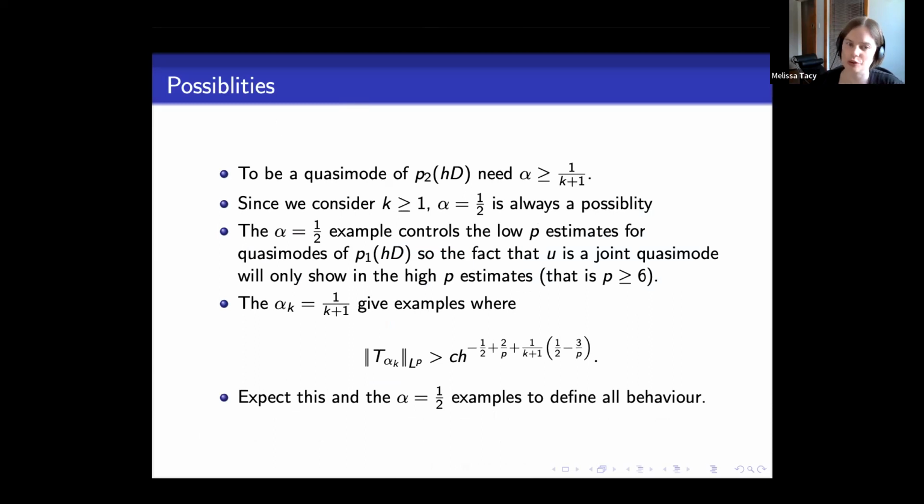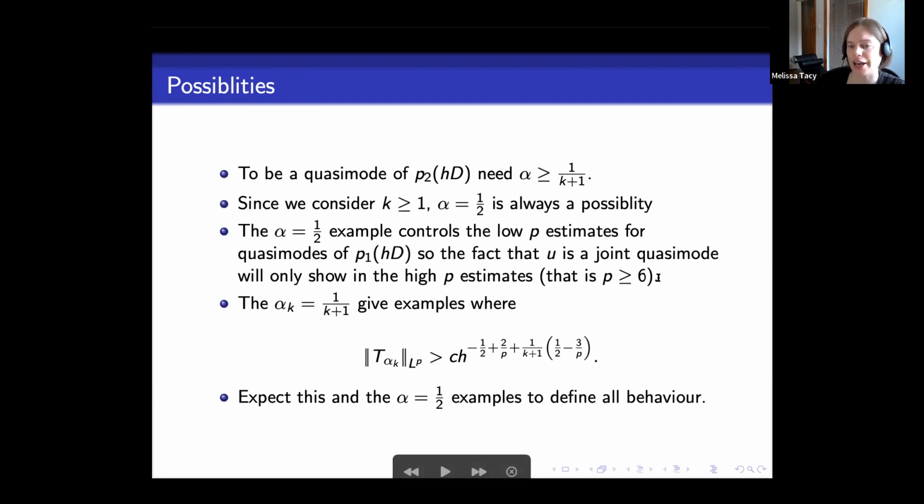And if you run through the numerology there, this alpha equal to a half example controls the low p estimates. So in fact, when p is smaller than 6, you're going to get no improvement from assuming that you're a joint quasimode. You get the same estimate as you would for just assuming you're a quasimode of the original Laplacian type operator.